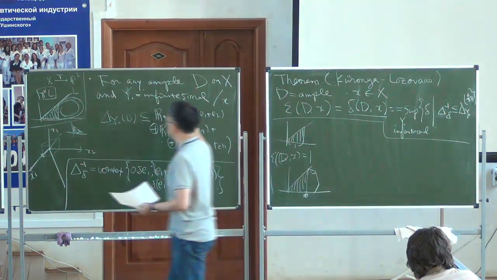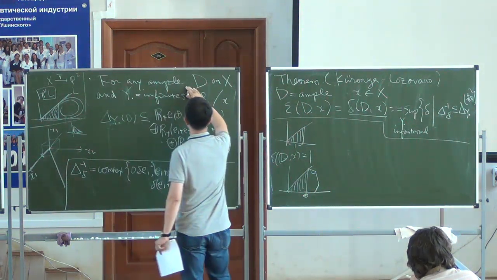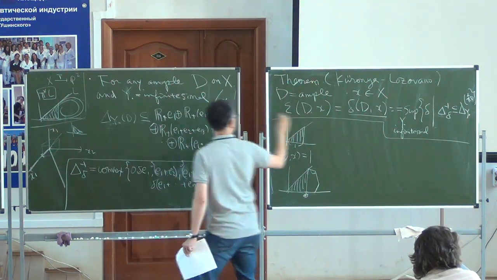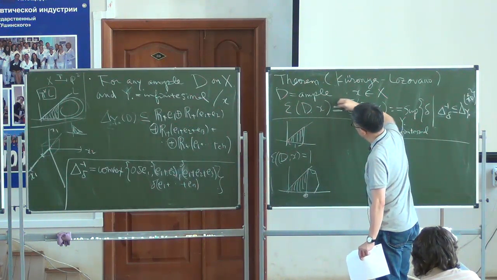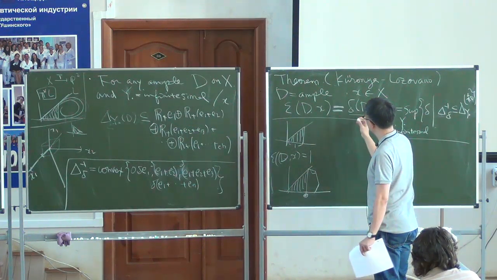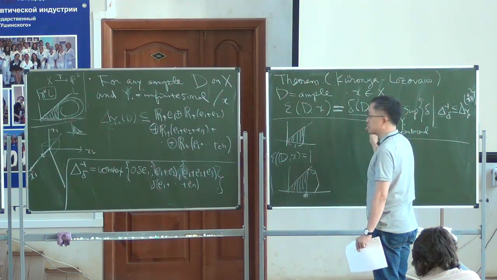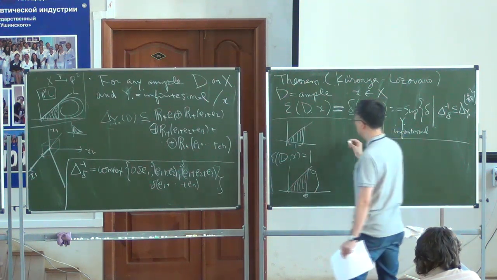So if you blow up and consider the Okounkov bodies of the pullbacks, you can precisely compute the Seshadri constant. But even if you don't blow up the point, you can have some nice estimate.